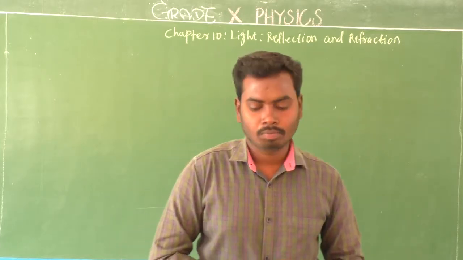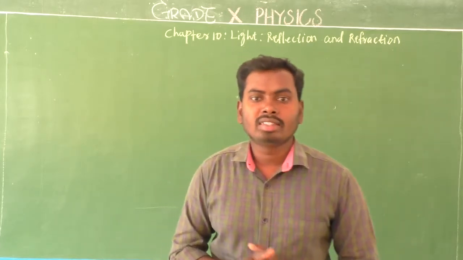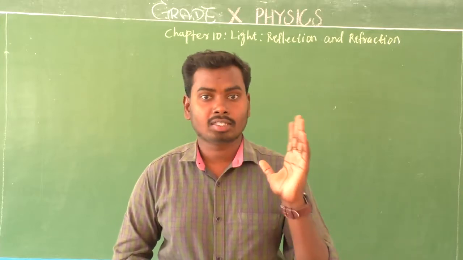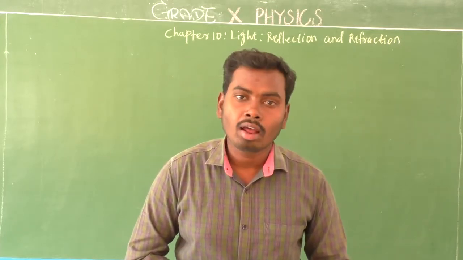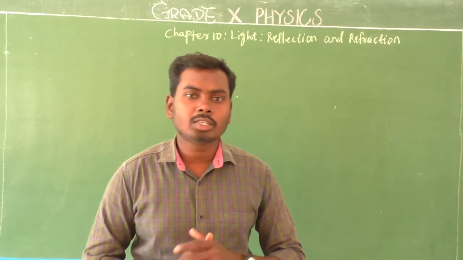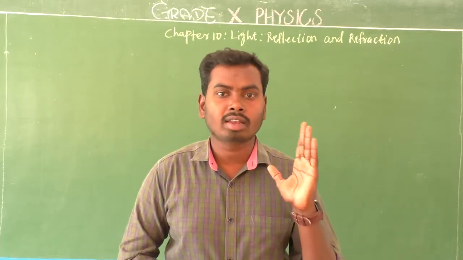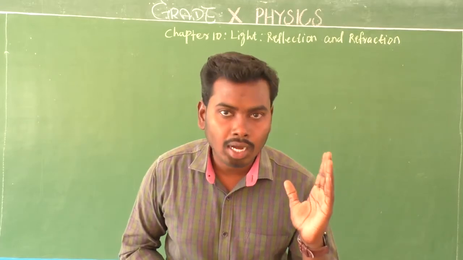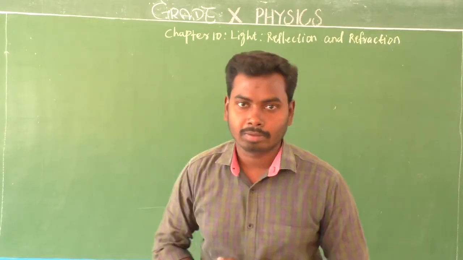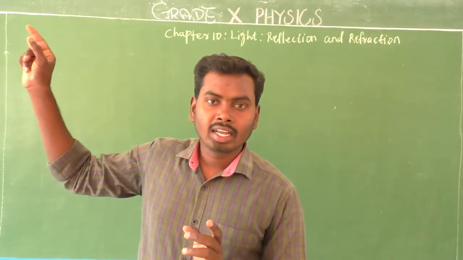Is it clear? Yes. Then we have placed the object at F'. What is F'? It means the focus. So if the object is placed at the focus of a convex lens, where will the image be formed? The image will be formed at infinity.